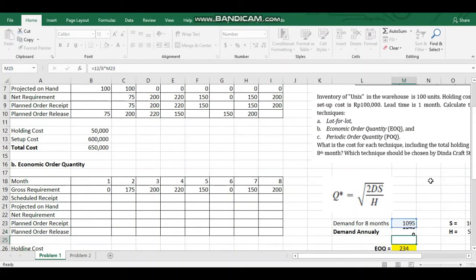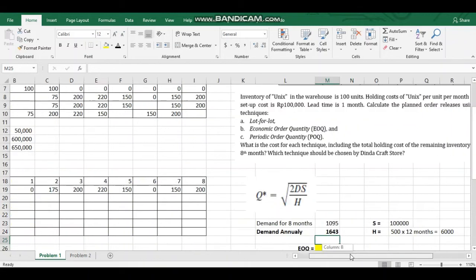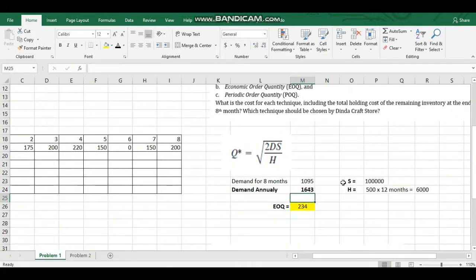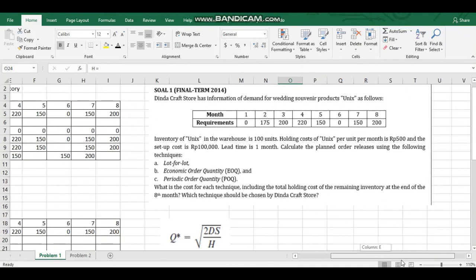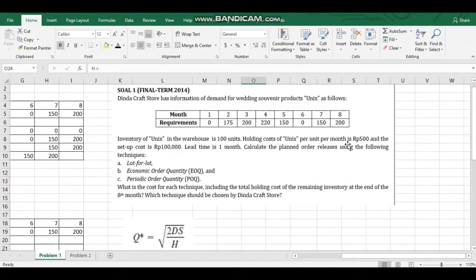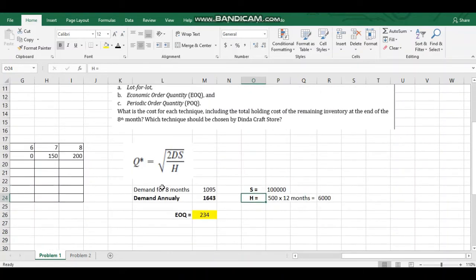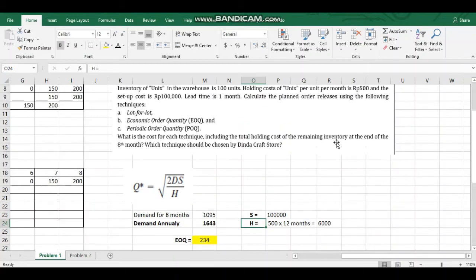Okay, now we have the annual demand, and we have the setup cost and holding cost stated in the problem. But the problem says the holding cost is only per unit per month, while if you want to find the EOQ, the holding cost should be per year. So we have to multiply the 500 by 12 months first. So the holding cost per unit per year is 6,000.